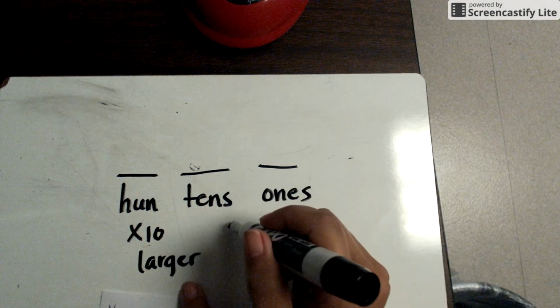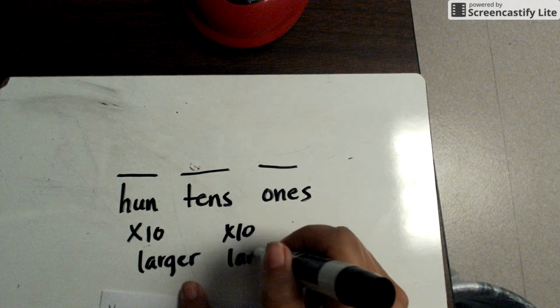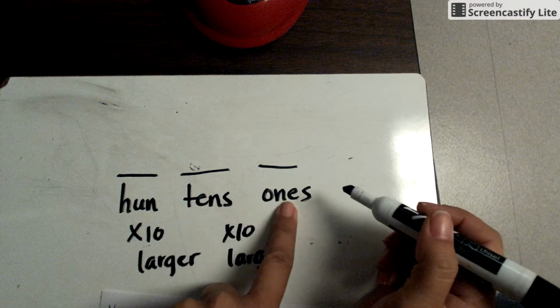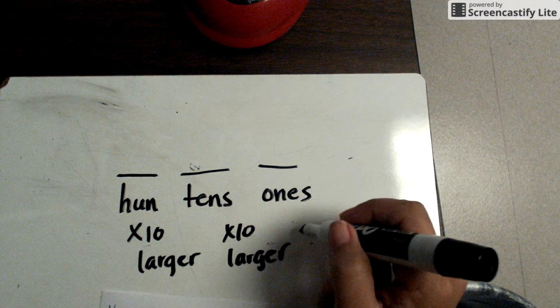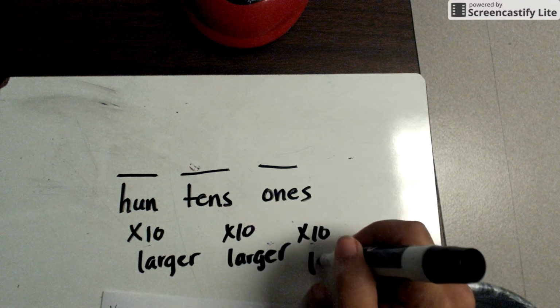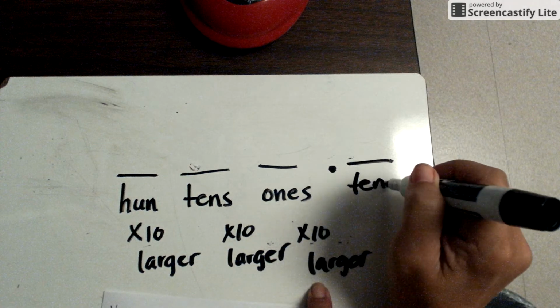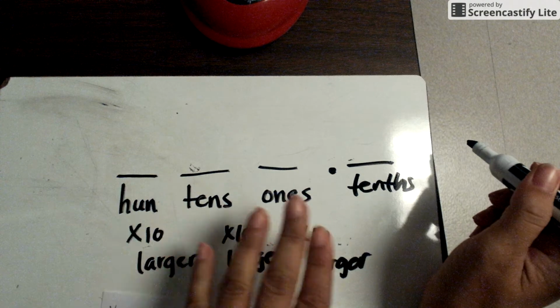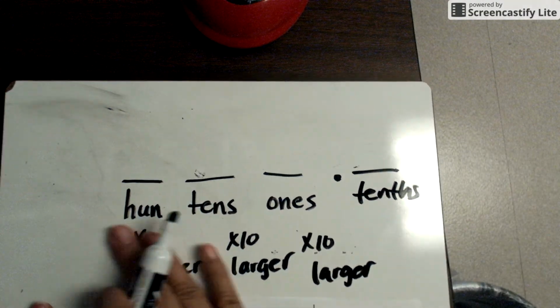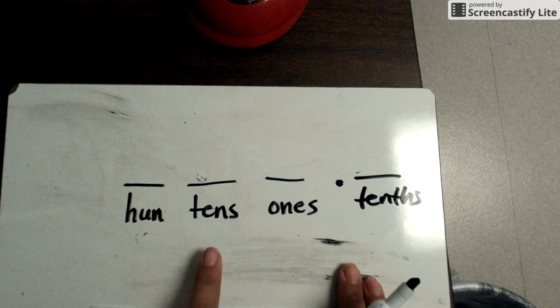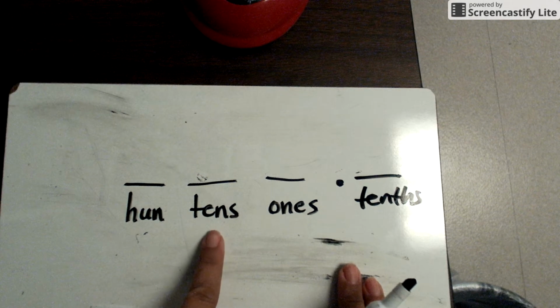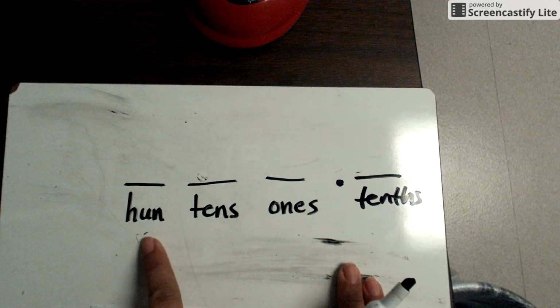And this tens place is going to be 10 times larger than the ones place. And this ones place is going to be 10 times larger than the tenths place, and so on and so forth. I also know that if we go the other way around, the place value positions on the right are always going to be smaller than the place value positions to the left.